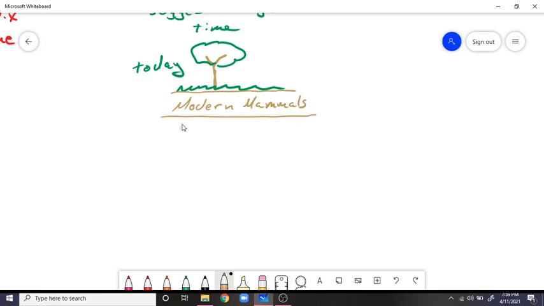In a layer a little bit further down, before modern mammals, I'm going to see things like monkeys and apes. And then I'm going to see early mammals.